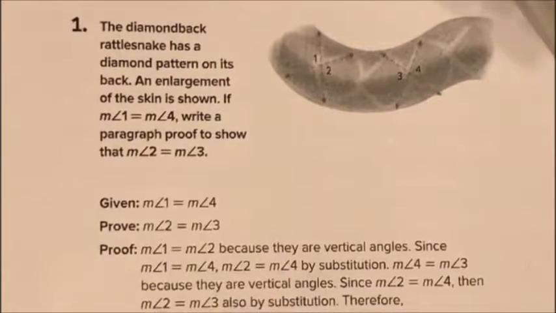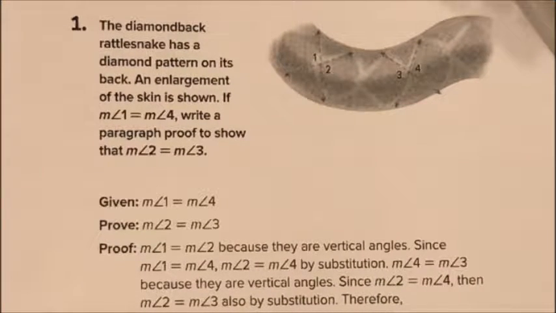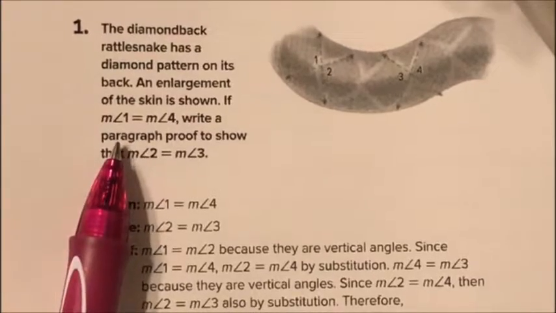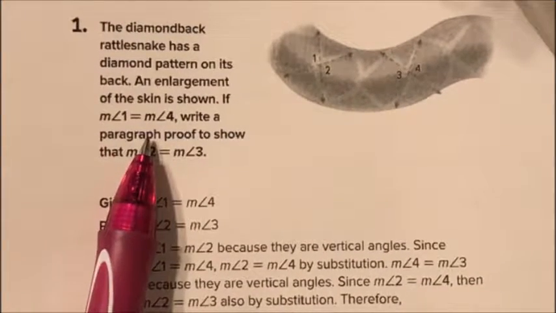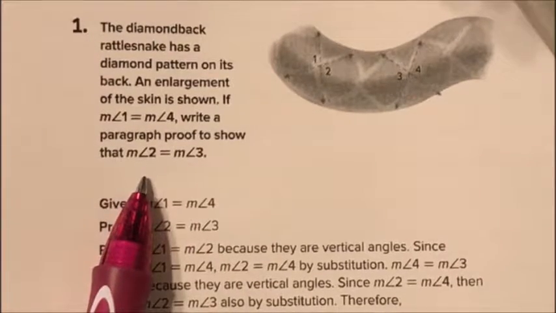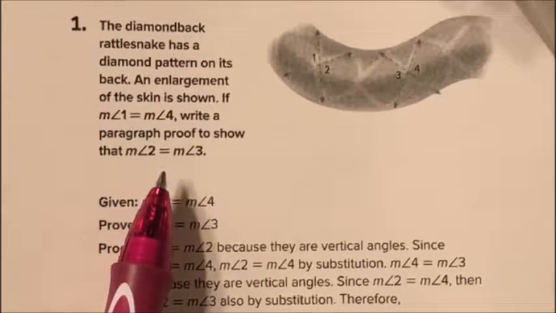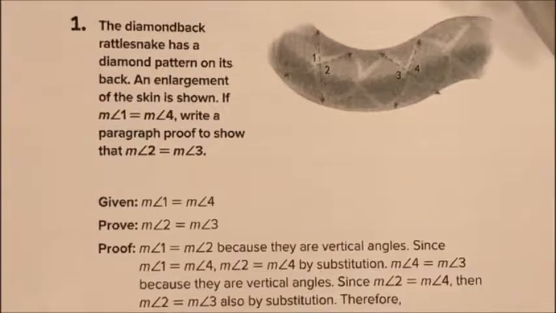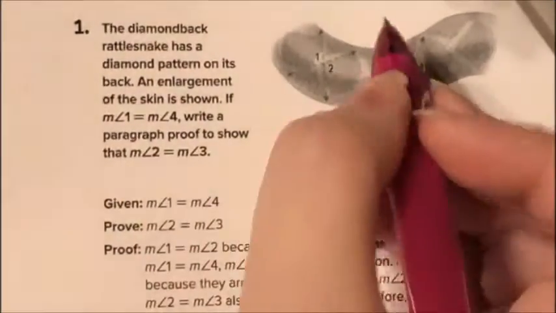Example number 1. The diamondback rattlesnake has a diamond pattern on its back. An enlargement of the skin is shown. If measure of angle 1 equals the measure of angle 4, write a paragraph proof to show that measure of angle 2 equals the measure of angle 3. So here's 1.